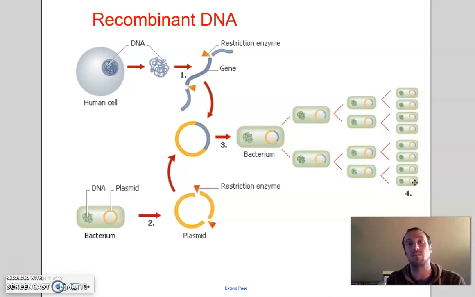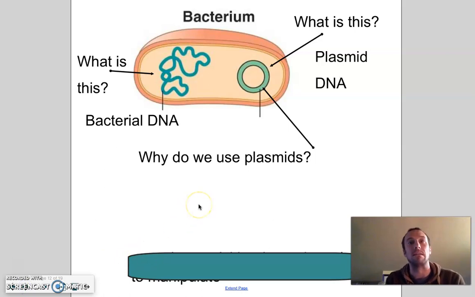And the first case that this happened was in the production of insulin. Okay, so insulin is, of course, a human protein, right? A human gene says how to make that protein. And I think it's on chromosome 11, if I remember correctly, if you're thinking of a karyotype.